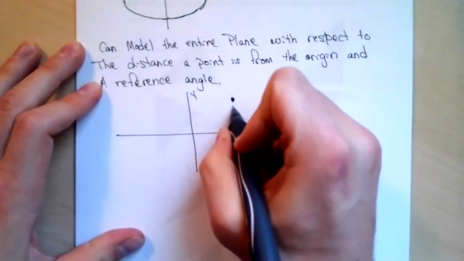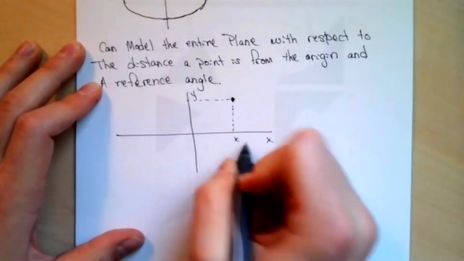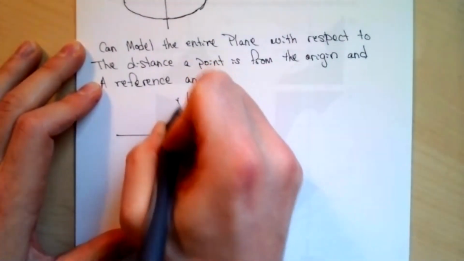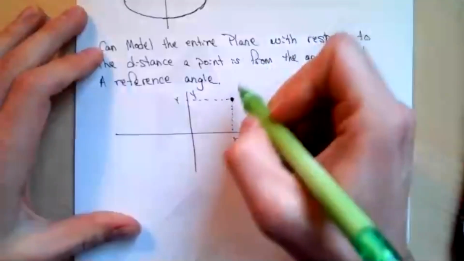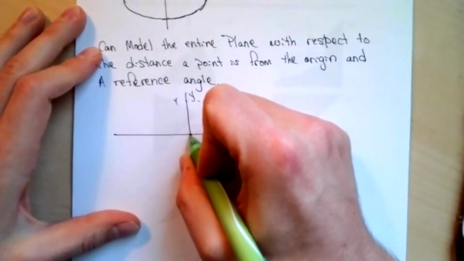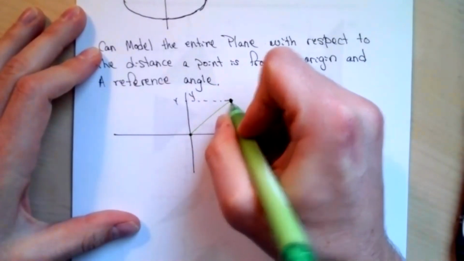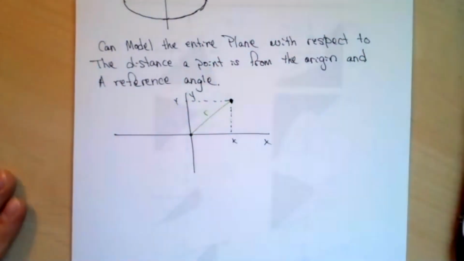So now, rather than restricting ourselves to a specific curve that we might be lying on, we can be anywhere in the XY plane. Typically we have our X and Y coordinates modeled by where those parallel or perpendicular lines would hit the x-axis and the y-axis respectively. So now we want to think of it as having some sort of radius from the center. So that's our distance from the center.